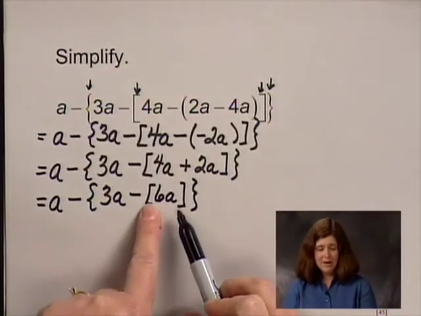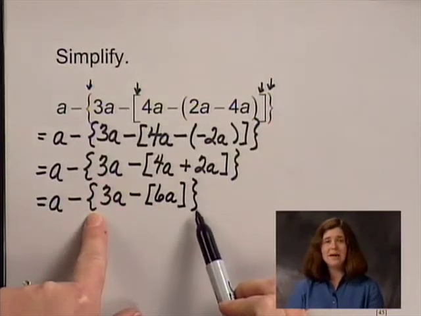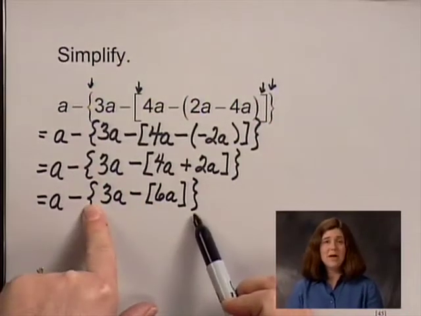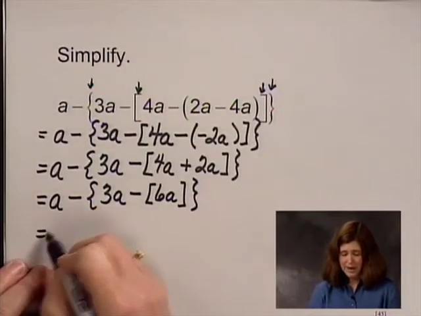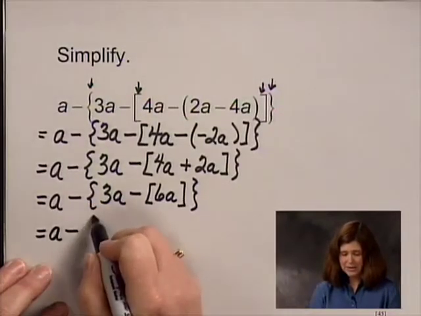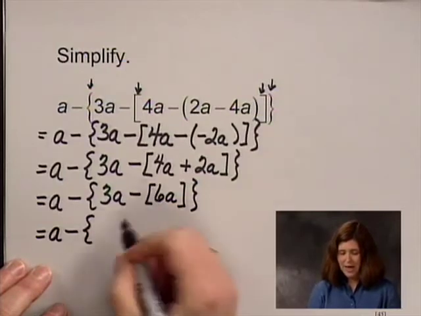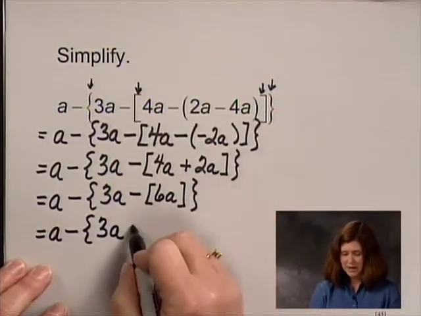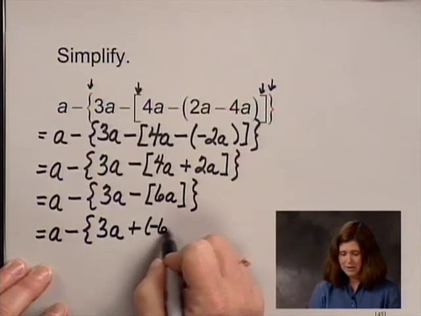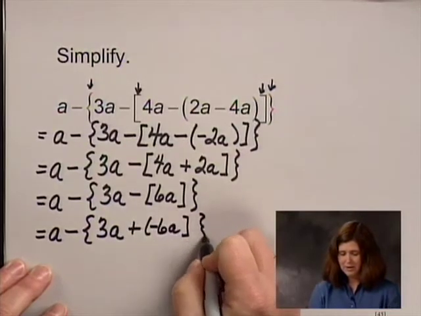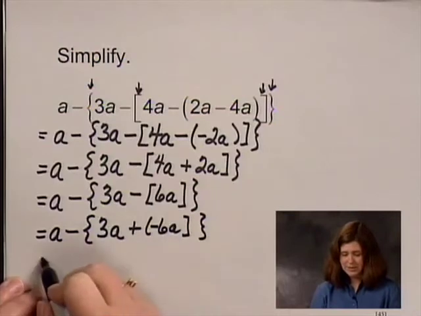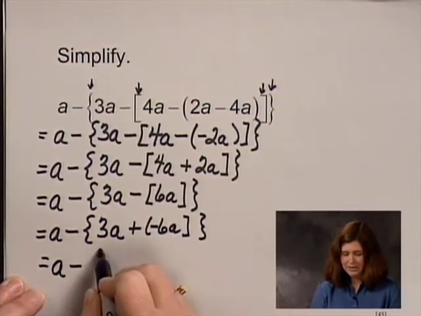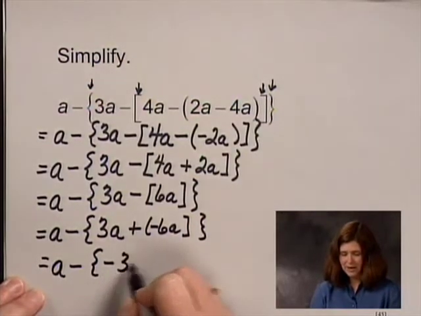And I've simplified there. Now I'm going to simplify again inside the braces, which are my remaining set of grouping symbols. I have a minus, I have 3a plus the opposite of 6a. 3a plus the opposite of 6a I can write as negative 3a.